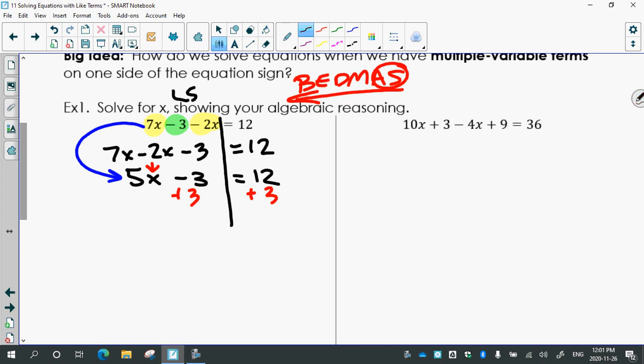And then you're going to get 5x equals 15. And now the 5 is multiplying by the x, so I have to do the opposite inverse operation of multiplying, which is dividing. And then I end up getting x equals 3. 15 divided by 5 is 3.